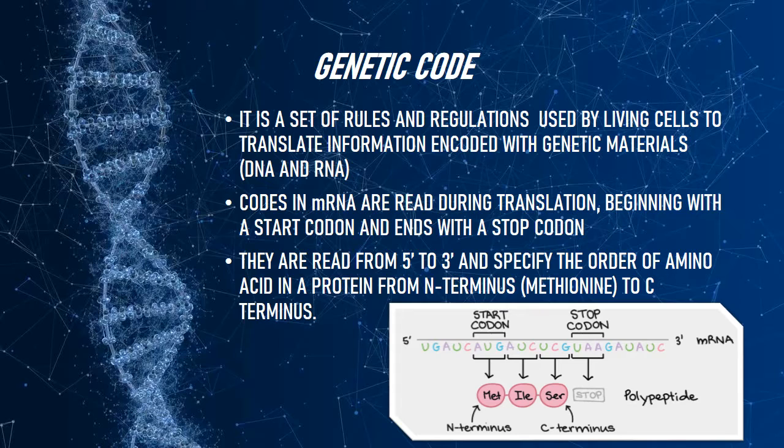They are read from 5' to 3' and specify the order of amino acids in a protein from N-terminus to the C-terminus. The given picture clearly shows the 5' to 3' specific order and a genetic code.